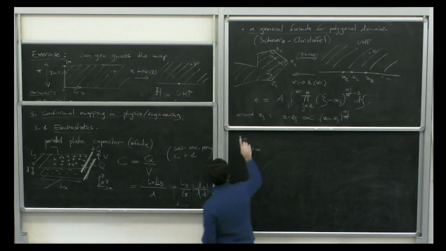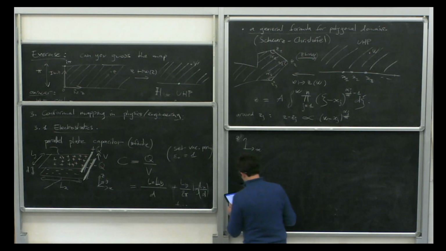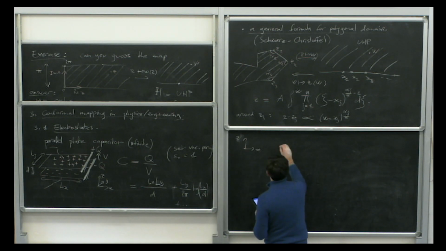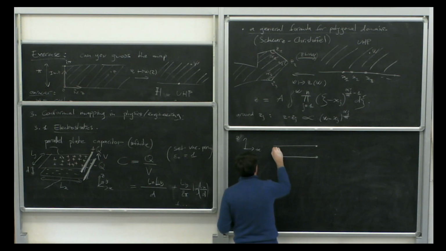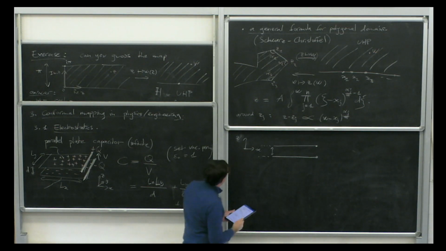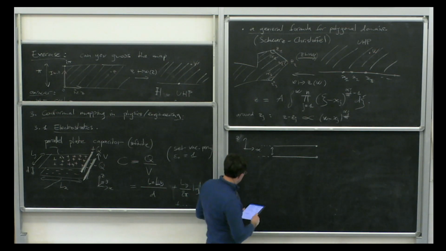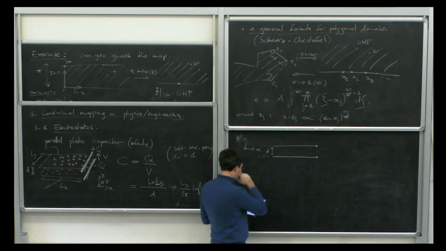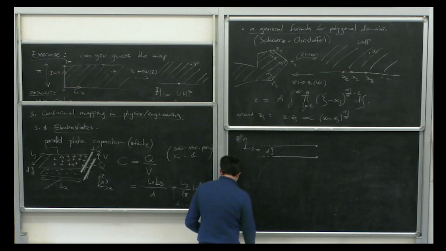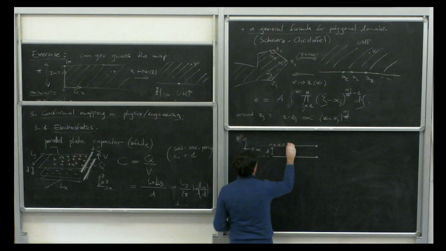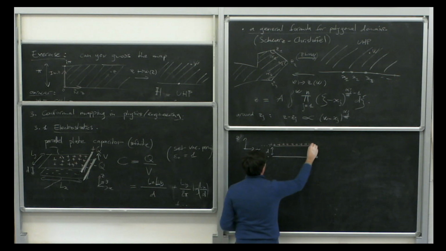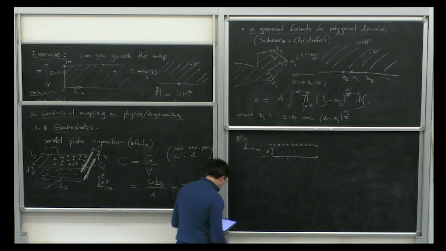No, this is correct, xz plane like this, and so we look at this from the side. We have our two very long plates. They go to infinity on the left. There's a distance d between the two. The top one is positively charged. The one below is negatively charged.